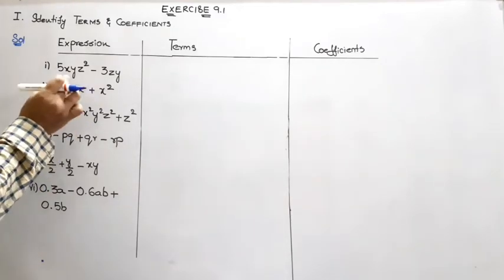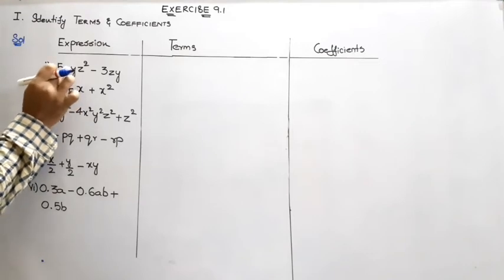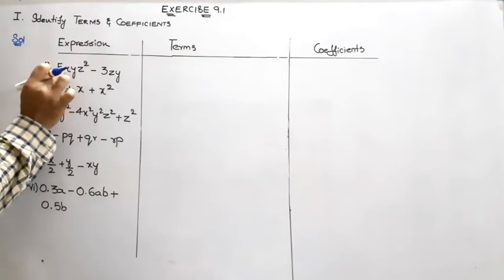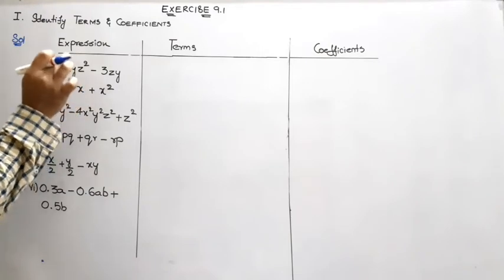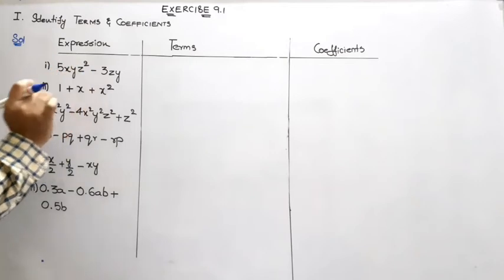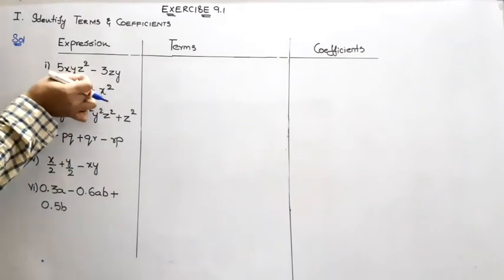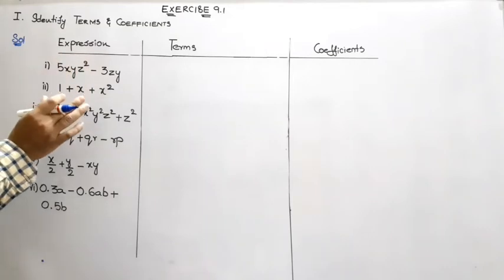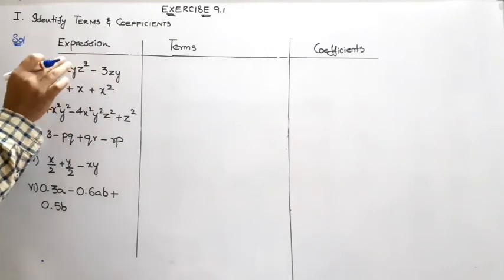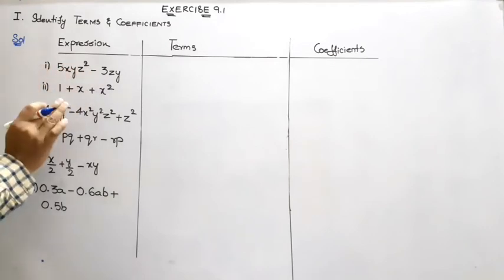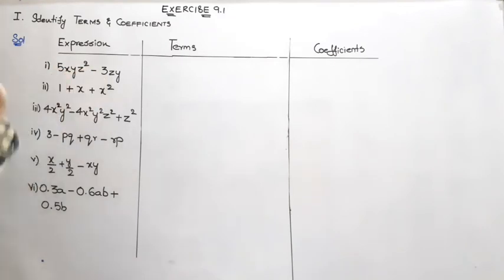Look, so 5xyz square, are you able to see any plus or minus symbols in between 5xyz square? No, we will check only minus and plus. So this minus is separating 5xyz square and 3zy. Irrespective of the variables, we will check whether they have been separated by plus or minus. That's all.